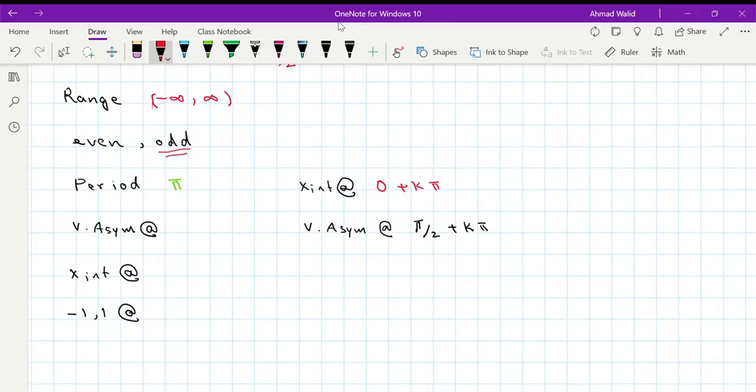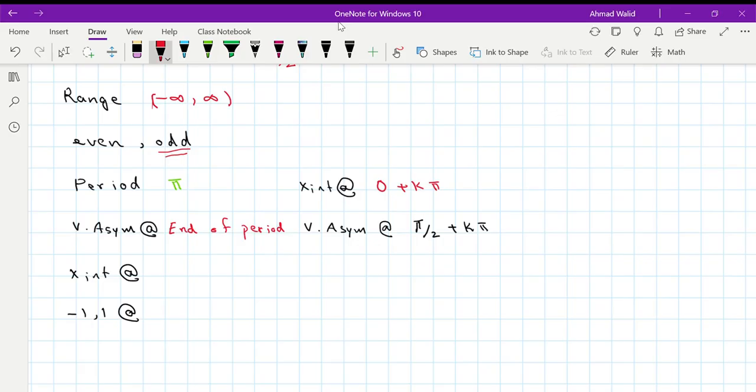Vertical asymptote at the end of period. Always it's happening. Because you know, soon we will do transformation, your period is changing, it's not always pi over 2. You have to remember that your vertical asymptote always happens at the end of the period.